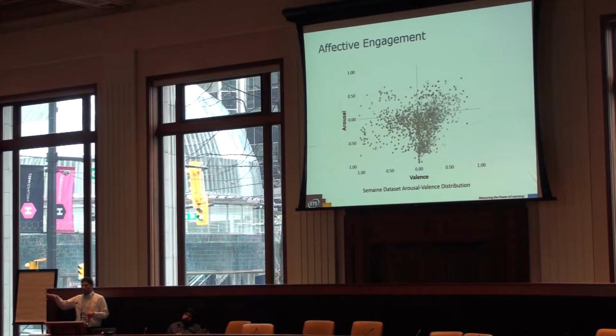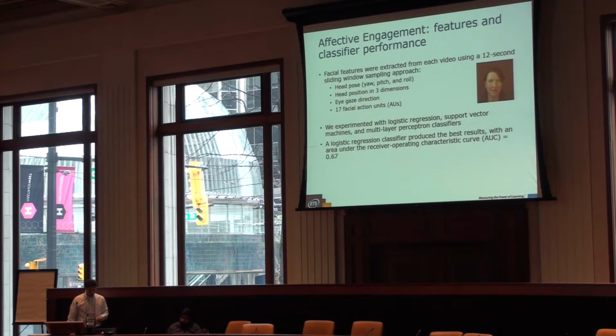The x-axis is valence, negative meaning negative emotion, and positive meaning positive emotion. Arousal being positive means you're really animated and energetic, versus negative arousal being rather passive. So what we're trying to capture is this quadrant, where you're in a positive state of arousal and a positive valence state. That's really the training data we built our model for affective engagement on.